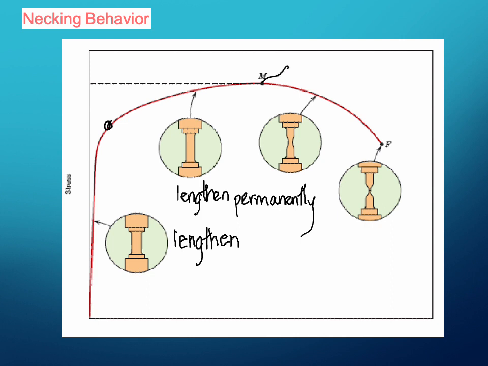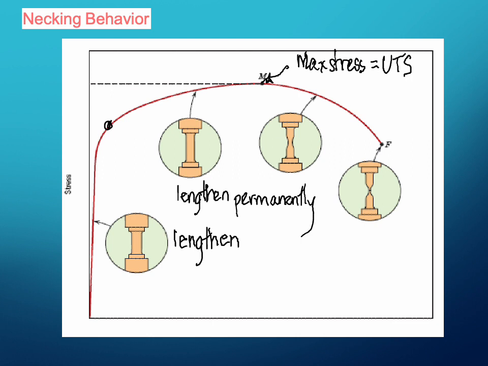This maximum load level, okay, this is the stress. So maximum stress is equal to the ultimate tensile strength. And I'm not going to spend too much time referring to that, and I'll tell you why in a moment. Once I've gone past the ultimate tensile strength, the load level will begin to drop.